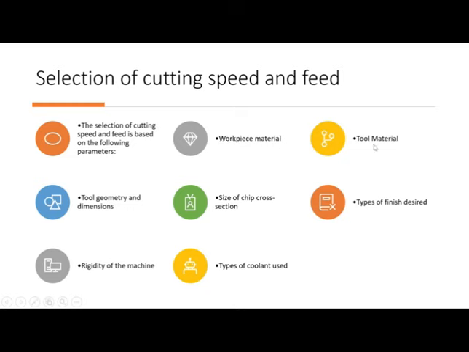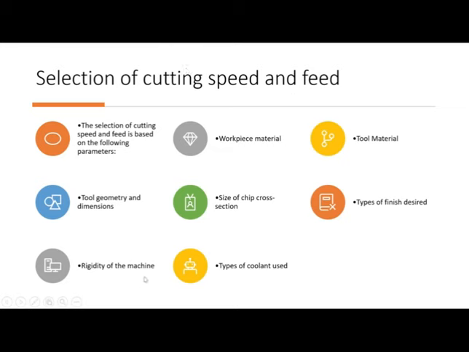Next, tool material. Next, tool geometry and dimension. All the planes and angles on the tool play the most important role in cutting operation. Next, size of chip cross section, the size of the chip which is extracted from the material. Next, type of finish desired, whether you are performing a finishing operation or a rough operation. On that you must select cutting speed and feed.